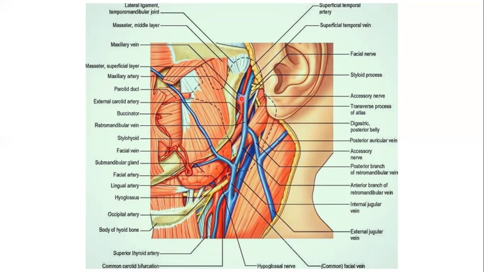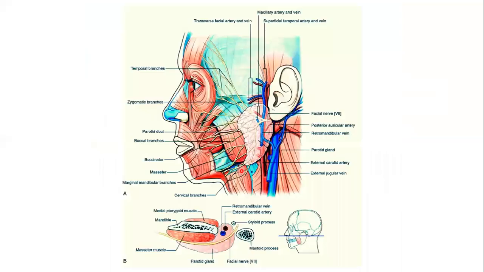I repeat, the retromandibular vein is formed by the union of the maxillary vein and the superficial temporal vein, which divides into anterior and posterior divisions, which emerge close to the apex of the parotid gland.